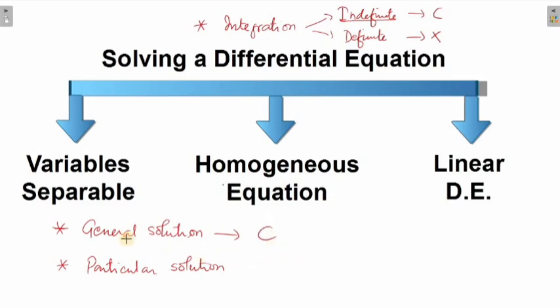So basically in general solution you will find c being present, and in a particular solution you will be making use of definite integrals, and here we don't have any constant, so there will be no constant in particular solution, whereas in general solution you will have a constant c, which is the constant of integration. So that's the only difference. In today's class I'll be teaching you how to arrive at the general solution. We'll take time, we'll do it slowly.